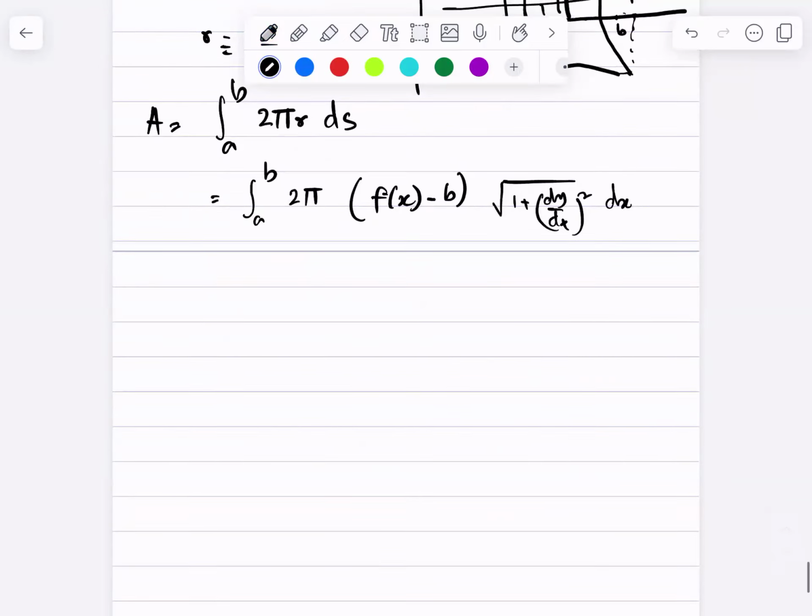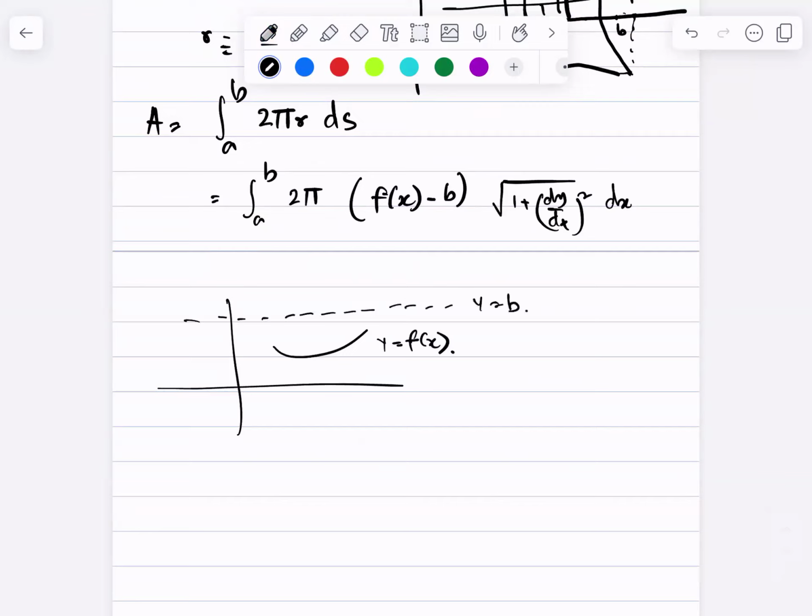Cool. Say the graph is something like this. This is my y equal to f(x), and the line parallel to the x-axis will be like this, which is y equal to b. Then if I rotate around this line, the graph made out of this will be something like this.